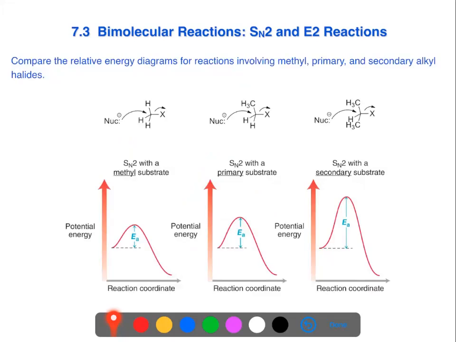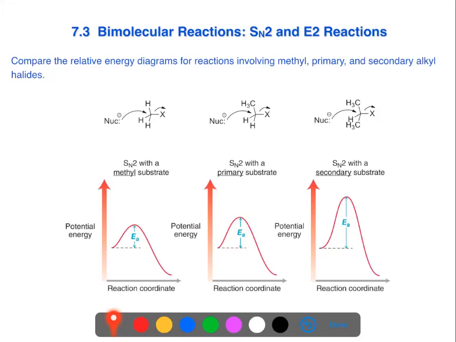So using energy diagrams, we can compare the relative rates of reaction by comparing, in many ways, the height of these barriers. And these barriers reflect the activation energy, and we said that a high activation energy will lead to a lower rate of reaction.